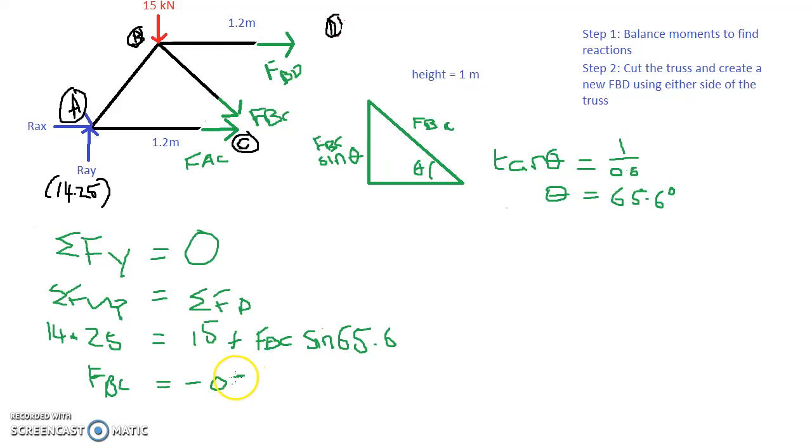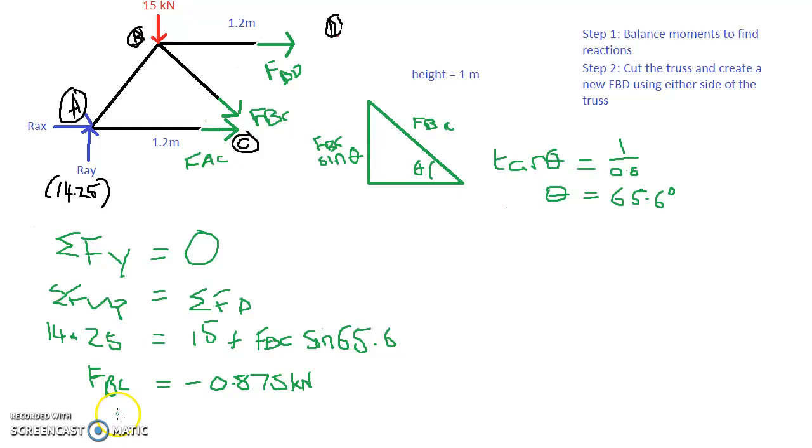Now the fact that this is minus, what does that tell me? A lot of you guys will get this right. That tells me that because we've drawn these forces in the positive sense as tension, if it's a minus, it's going in the other direction, so it's compression, okay?